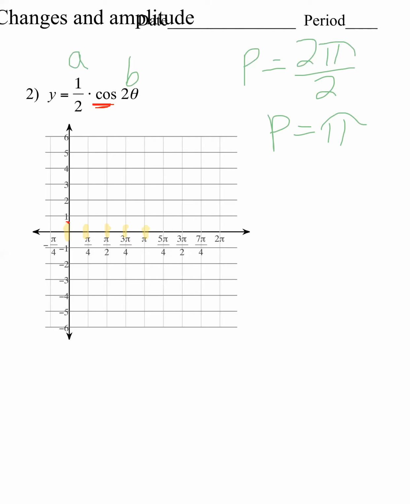Then at my first quarter point, I'm going to drop down to 0. Then I drop down to -1/2, back up to 0, and then I finish out the first cycle back up at +1/2. Okay, so this cosine curve looks like this. And then it would just keep going, if you wanted to graph some more of them.